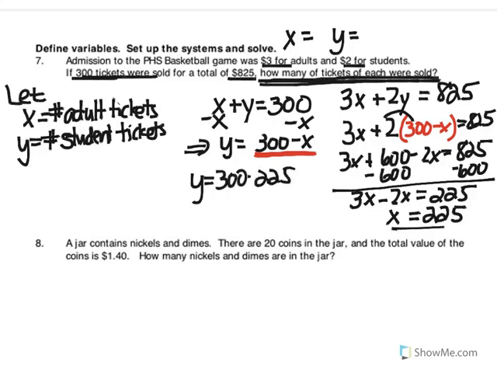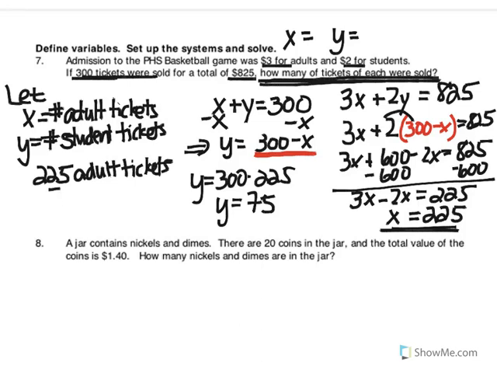I'm just substituting this in, and so we get y equals 75. So there were 225 adult tickets and 75 student tickets.